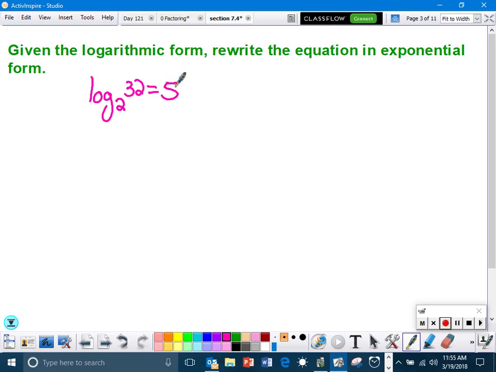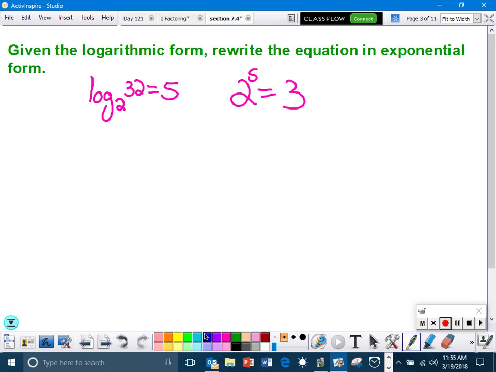When we rewrite this, we take the base, which is 2. The exponent is what's behind the equal sign. And then 2 to the 5th equals 32. So the logarithmic form to exponential form looks like that.